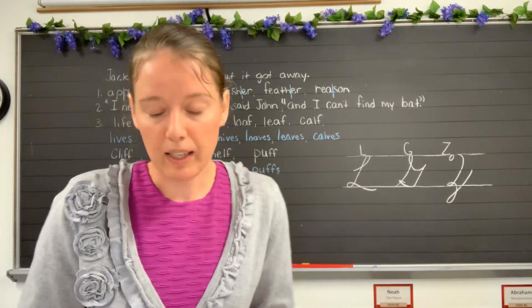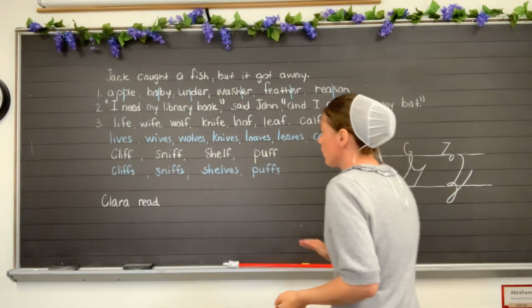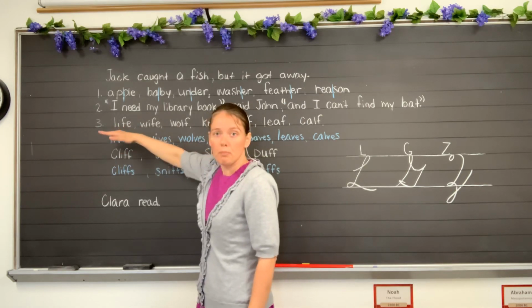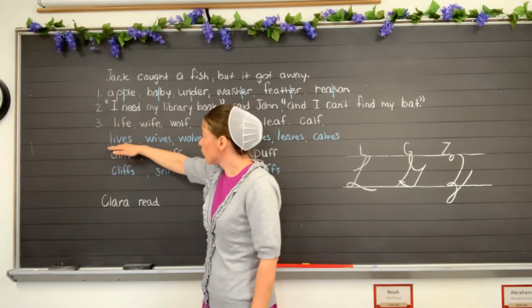Okay, let's look a little bit at the words here on the board. So if you look up here on the top and then on the bottom, I would have written the plural form.